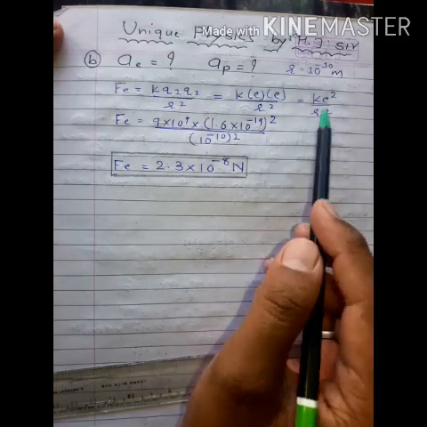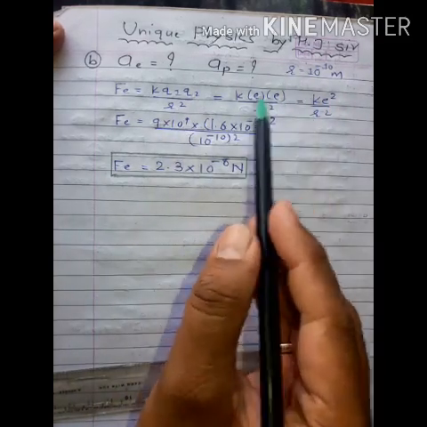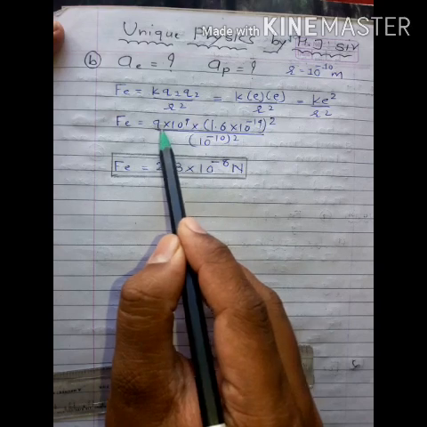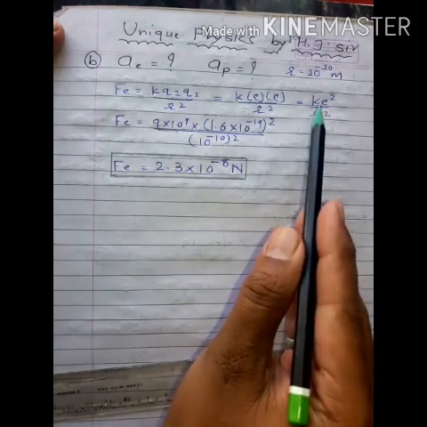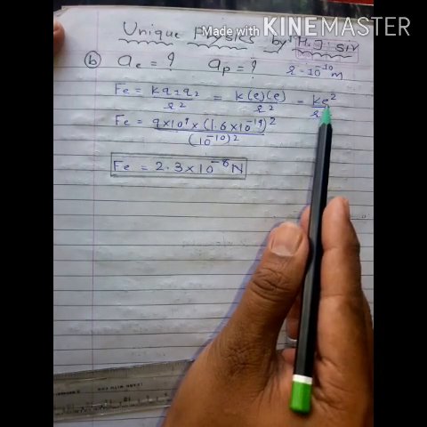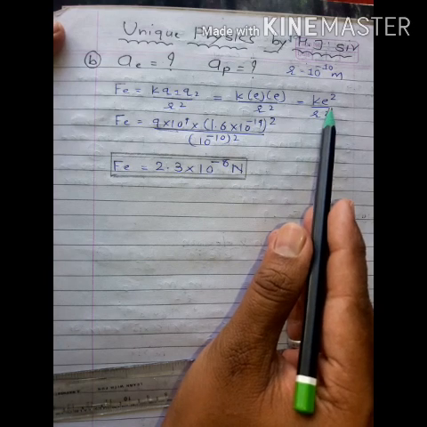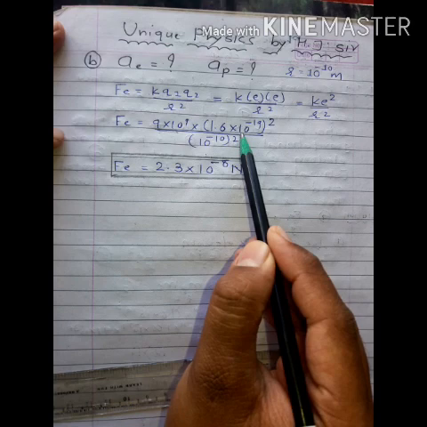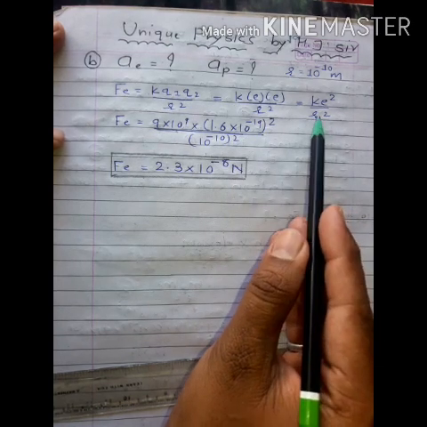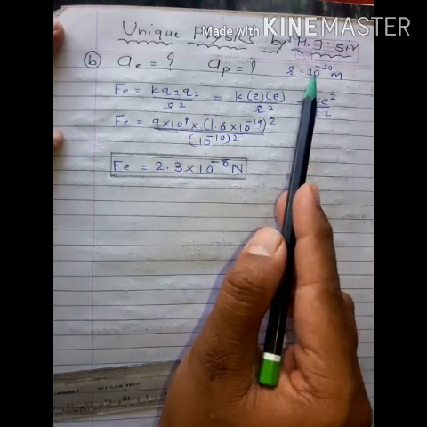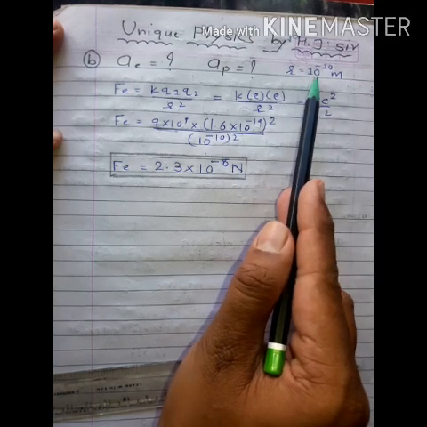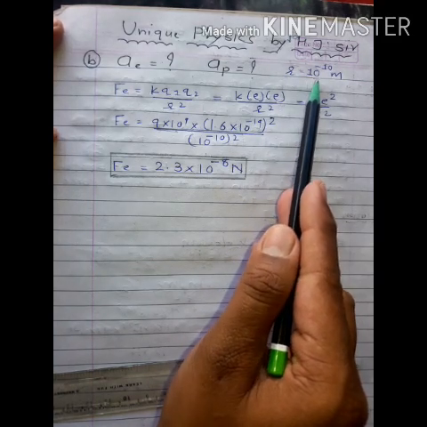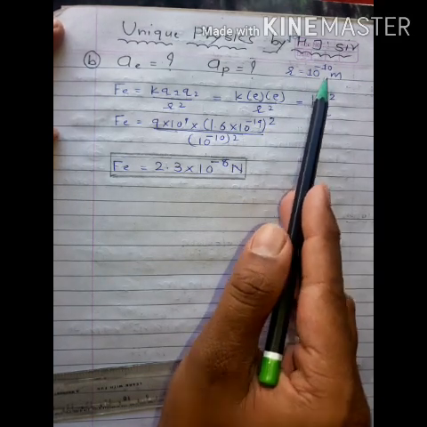Now substitute all these quantities. K is known as the Coulomb constant, 9 into 10 raised to 9. e square, the charge of the electron or proton, here we consider only the magnitude, so it is 1.6 into 10 raised to minus 19 whole square. The distance is given in our question, it is 1 angstrom. 1 angstrom means 10 raised to minus 10 meter.